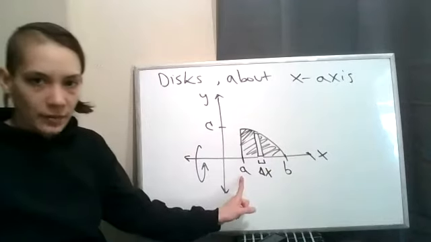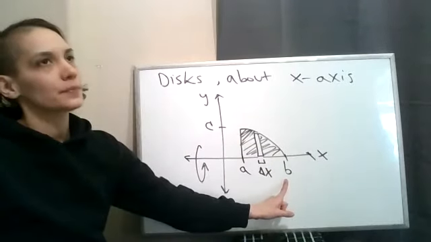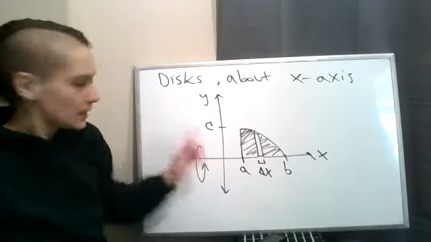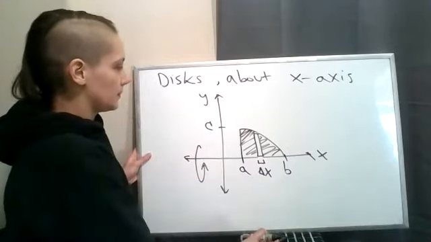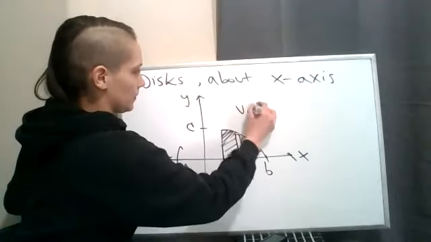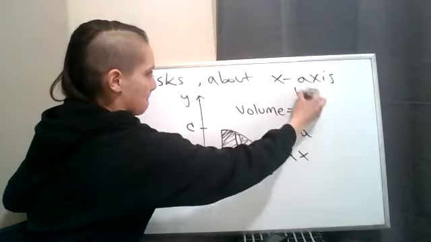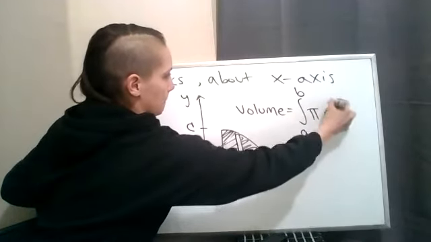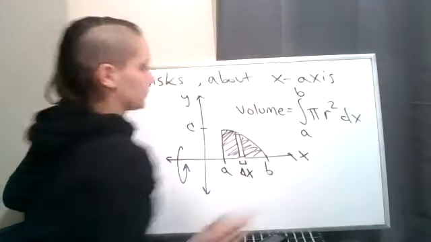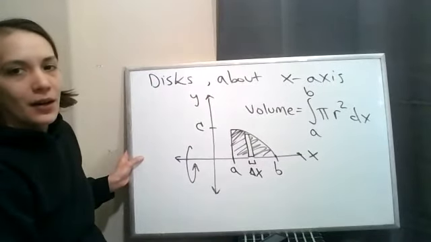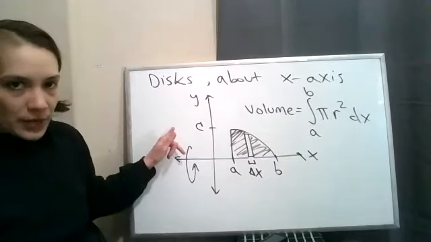Okay. Integrate from A to B of pi times the radius squared dx. All right, we're going to practice this soon.